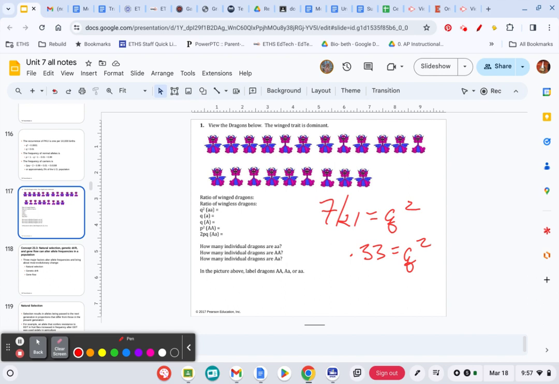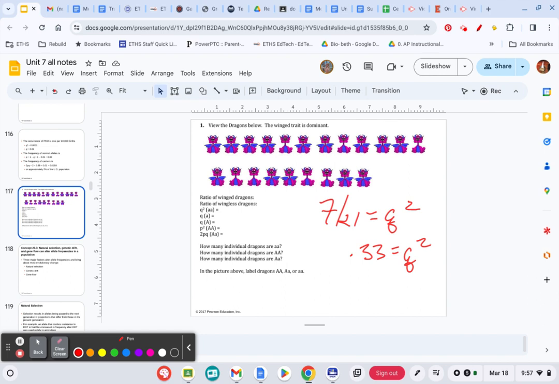So I have Q squared here, which means that 33% of my dragons don't have wings. But now I'd like to know how many of the population are carrying the Q allele. So how do I figure that out? Yep, take the square root.